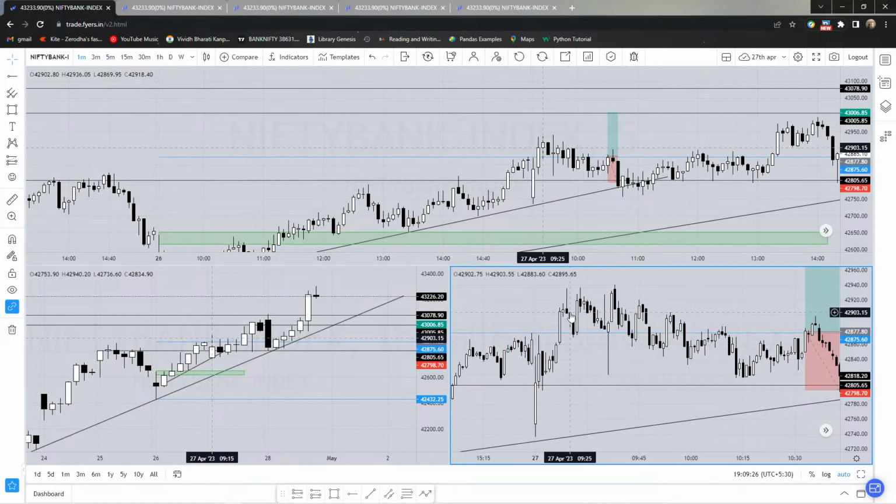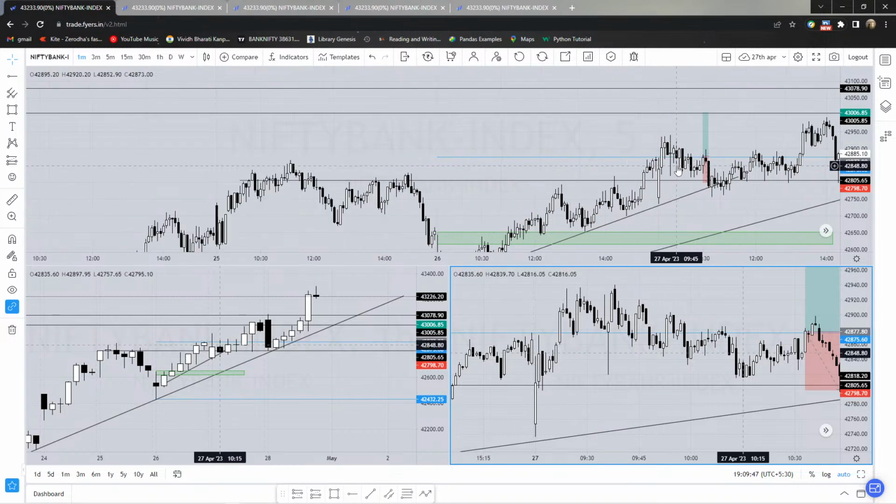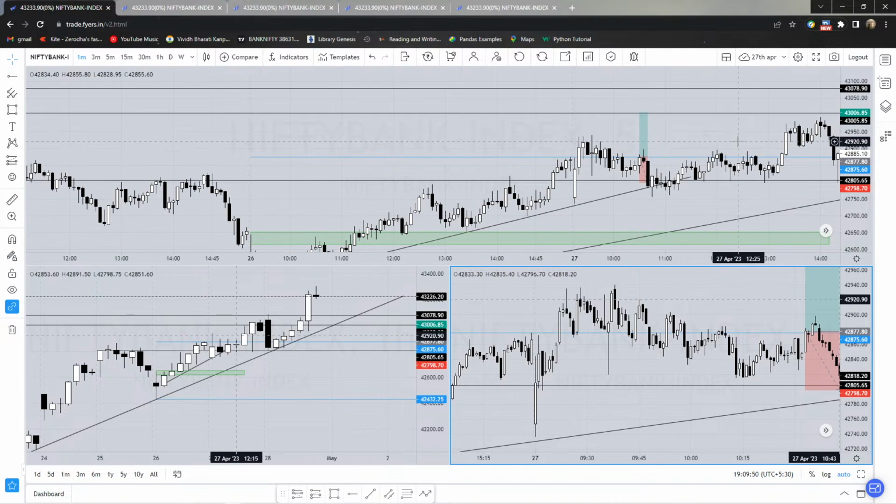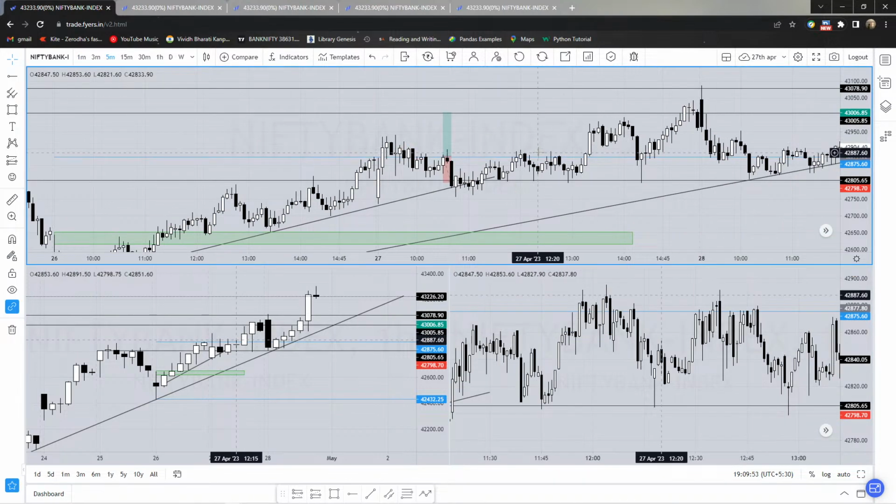In the first trade, I made good money over here. I took one trade over here, and this was a pretty decent trade. My target was this, but after seeing the price action, I exited around somewhere over here. I wanted the price to go over there after consolidating, which it did eventually. If you see over here, it almost touched 43,000.